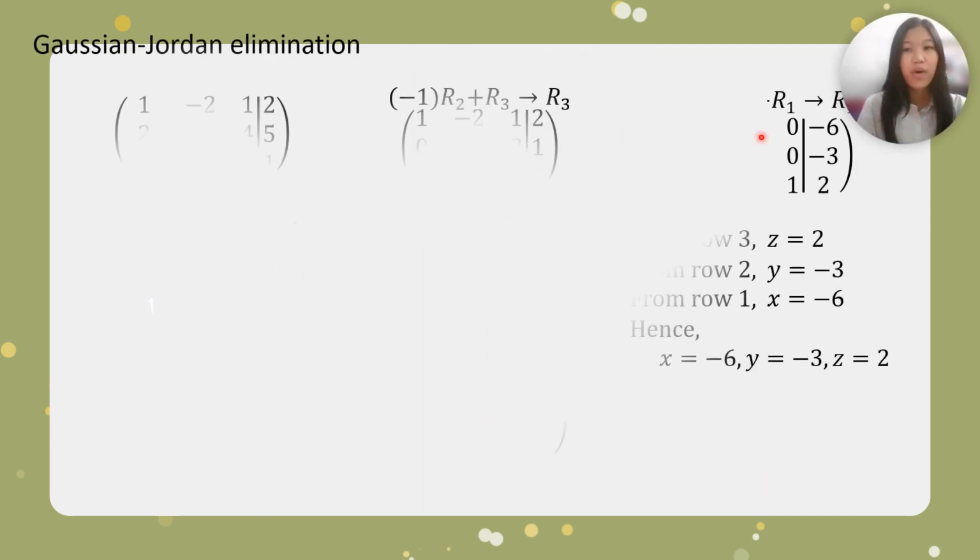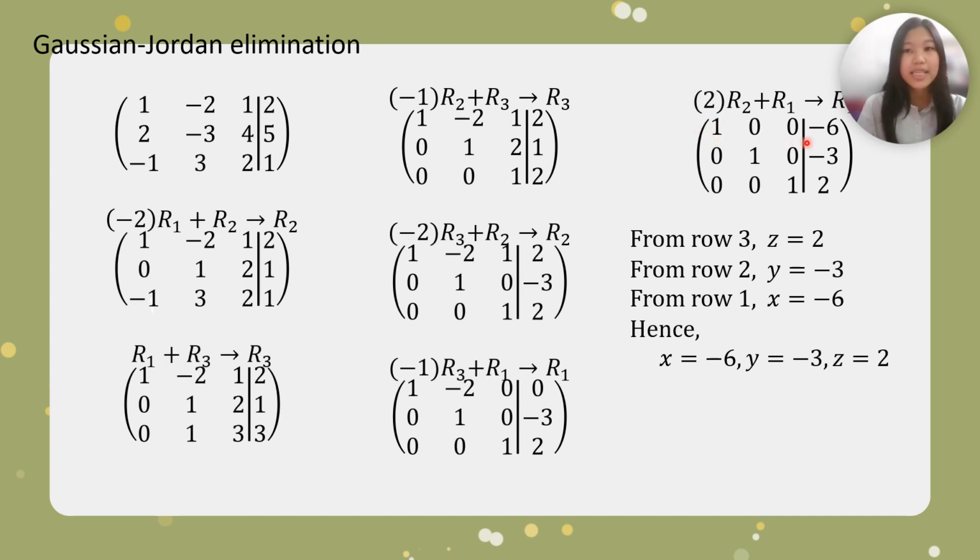So we will get 1, 0, 0 equals negative 6, 0, 1, 0 equals negative 3, and 0, 0, 1 equals 2. So we can just read off the answer like we got last time: x equals negative 6, y equals negative 3, and z equals 2.